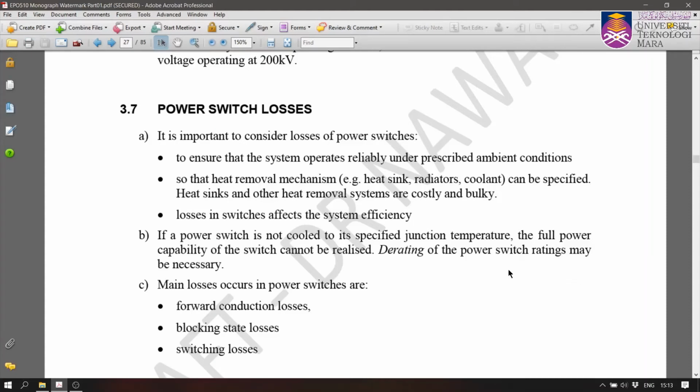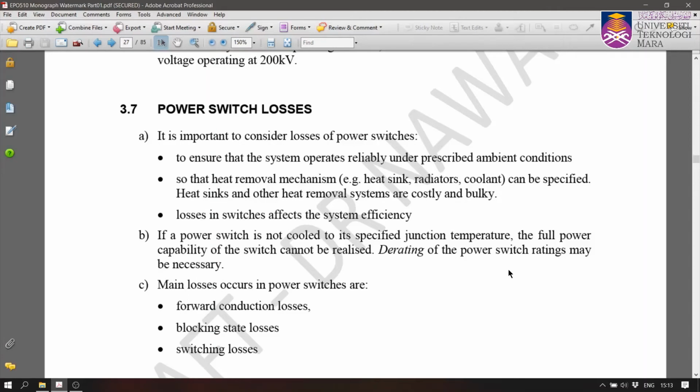So what are the losses involved in power switches? There are three main losses. The first is the forward conduction loss, which is the loss that exists during the turn on of the switch. Then we have the blocking state loss, which is the loss that occurs during the off state of the switch.